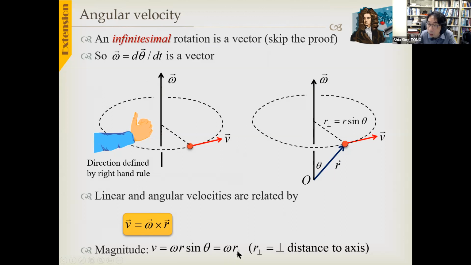So it is omega r perpendicular. Omega multiplied by the radius of the circle is the linear speed. That is the basic formula for circular motion, so that must be correct. So both in terms of direction and in terms of magnitude, this formula is correct. So v is equal to omega cross r.